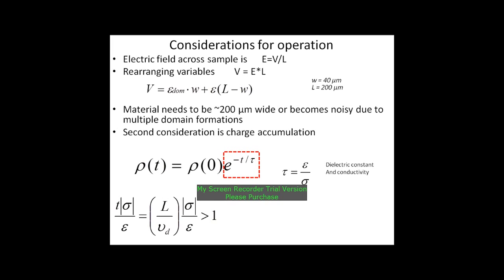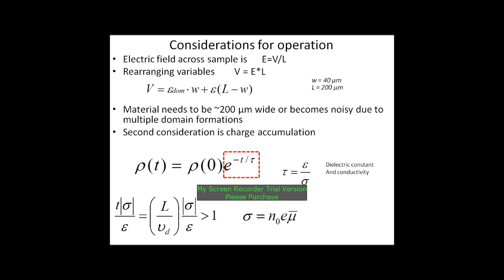So we plug that in for time, and then we evaluate this expression. Now we also know that sigma, which is conductivity, is equal to the number of charge carriers times the charge of an electron, multiplied by the mobility, and this is the average mobility.